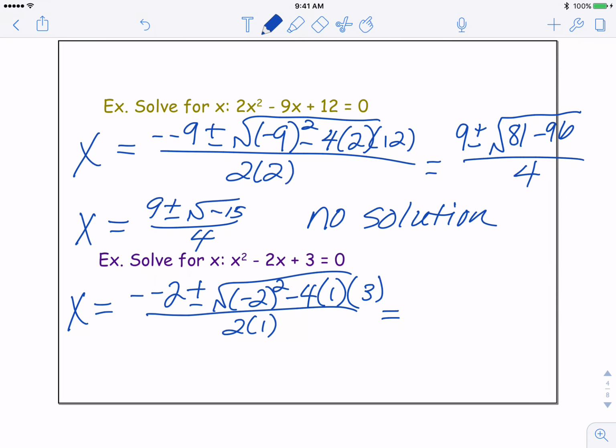This simplified further is equal to 2 plus or minus the square root of 4 minus 12 all over 2.